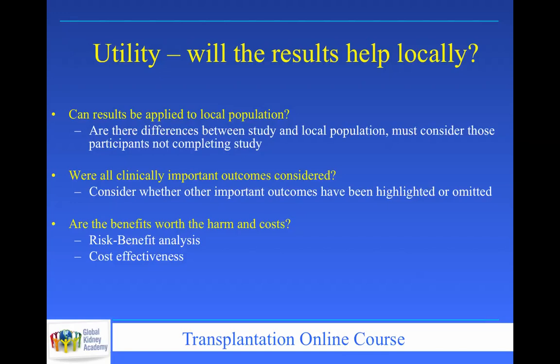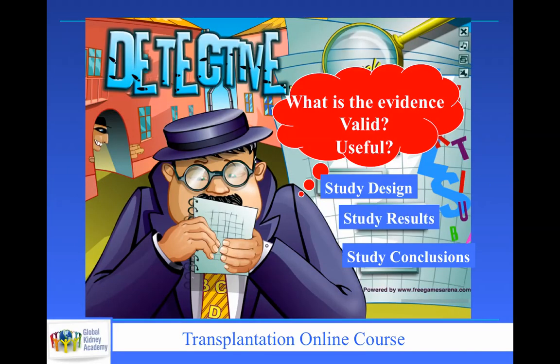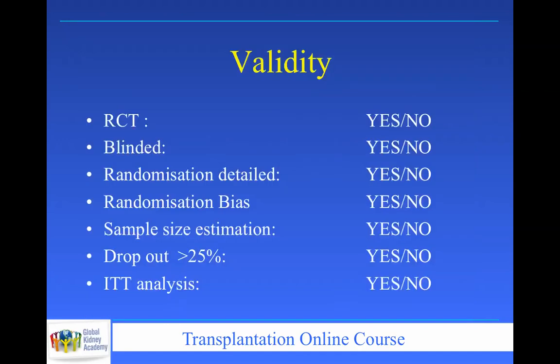So another concept to bear in mind and read about is the number needed to treat, to justify and make the intervention useful. So there we are. We have quickly gone around the validity and the utility of clinical trials.